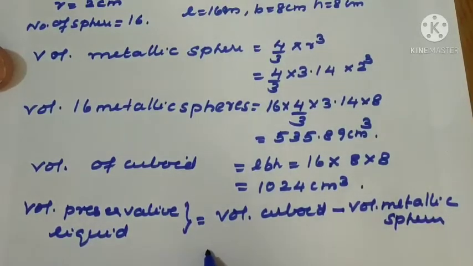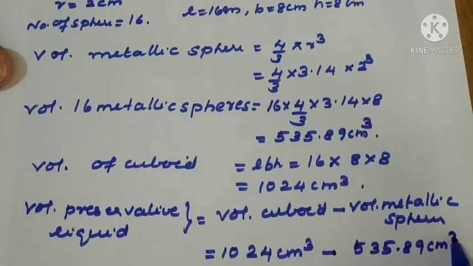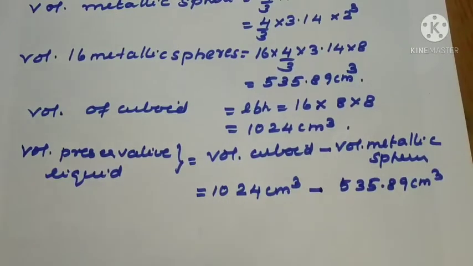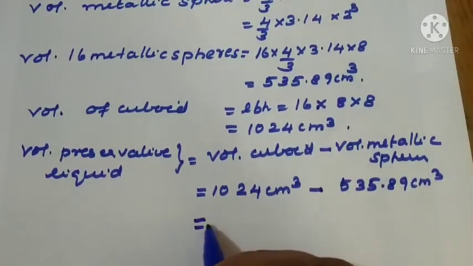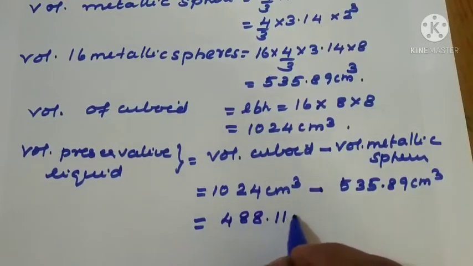So what is the volume of the cuboid? 1024 centimeter cube minus what is the volume of the 16 metallic spheres? 535.89 centimeter cube. So what is the answer now? 488.11 centimeter cube.